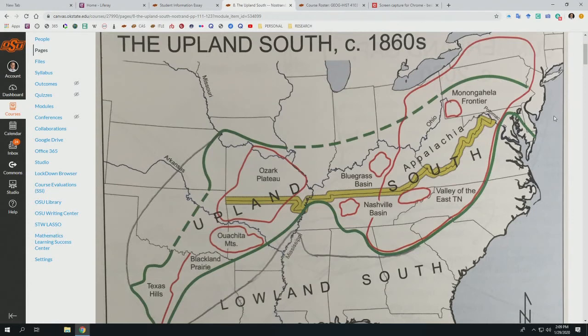Now, the bluegrass basin and the Nashville Basin are limestone bedrock. If you've had any physical geography or geology, what's a characteristic of limestone areas that are covered with limestone? It's porous, so there can be a lot of caves that form. Exactly. It's called a karst environment, K-A-R-S-T. And that porosity is caused because limestone is water soluble.